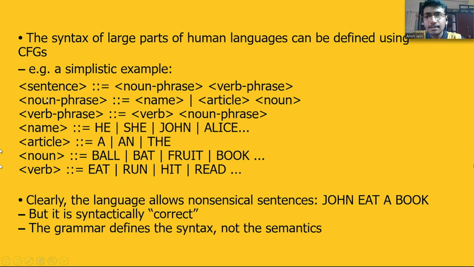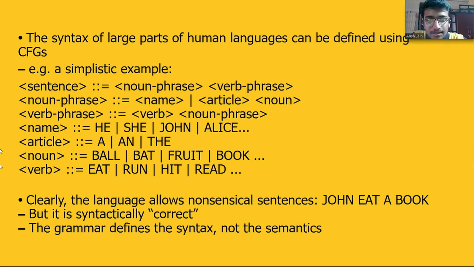We can see examples for these. For name, we can use either he or she or John or Alice and so on. For article, we can use a, an or the. For noun, ball or bat, basically any noun we know. For verb, eat, run, hit or read.